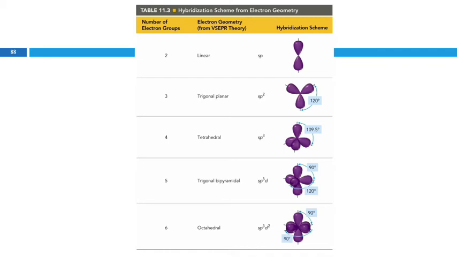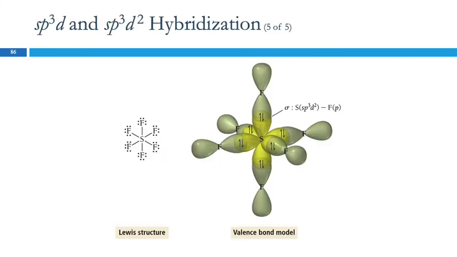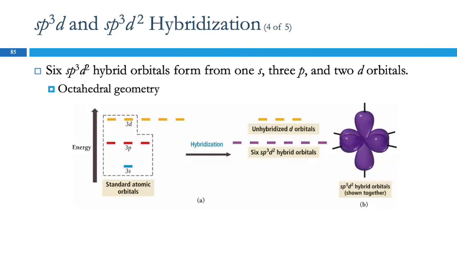When we hybridize them, these become degenerate, right? And so we're going to go across 1, 2, 3, 4, 5, and then we'll pair up if we need to.